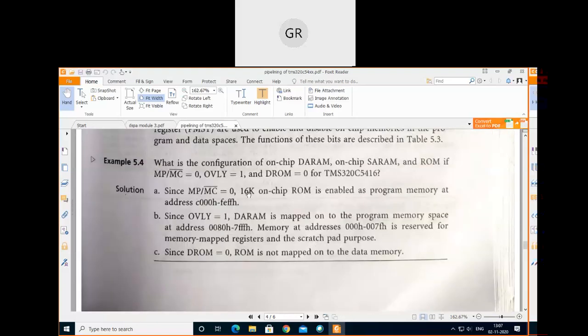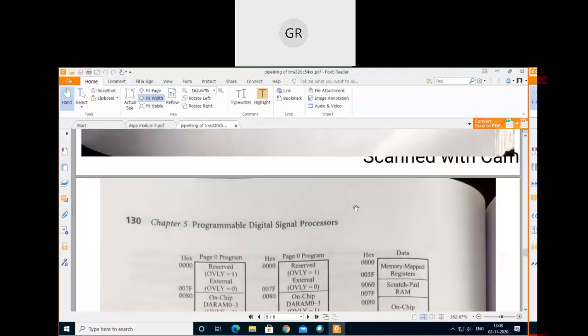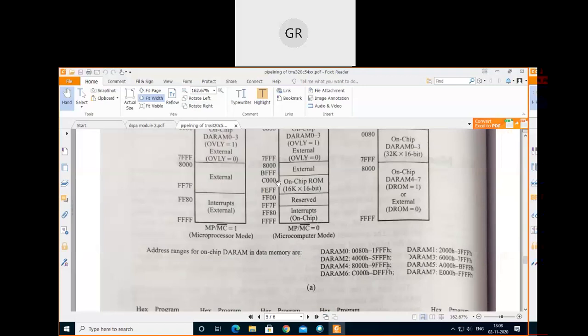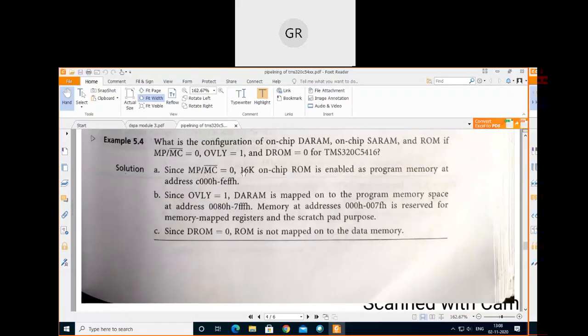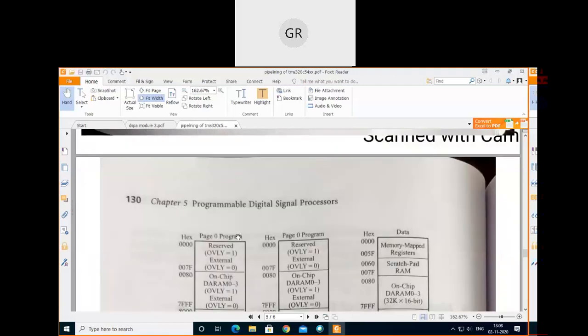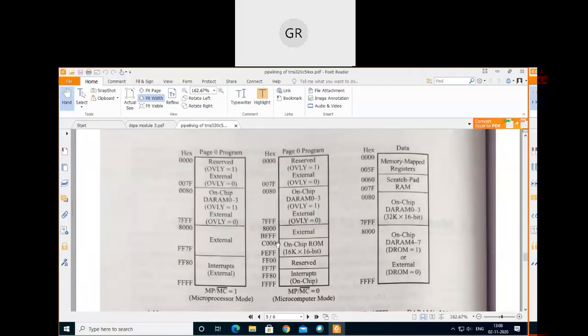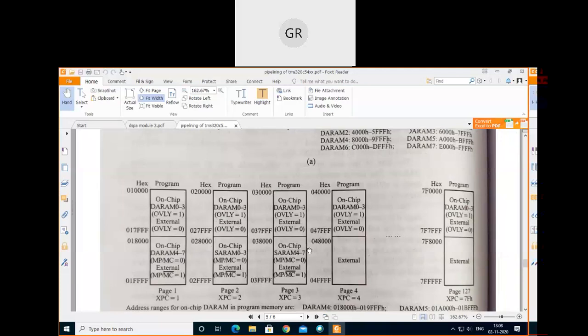Then 16K on-chip ROM is enabled as program memory at addresses C000H to FEFFH. Yes, in the table they have given that when MP/MC bar is equal to 0, ROM is enabled. 16K words of on-chip ROM at C000H to FEFFH.